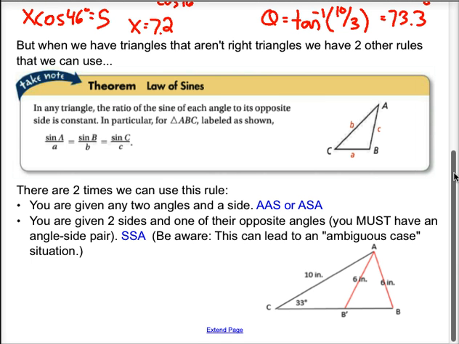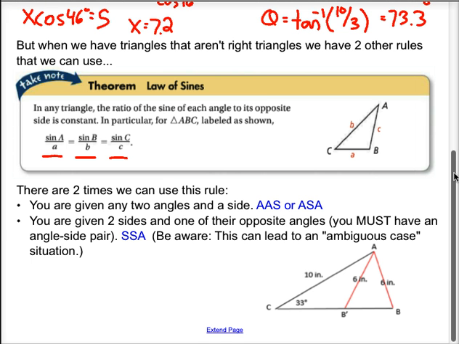In particular, for triangle ABC, the sine of A divided by side length A is the same as the sine of B divided by side length B, which is the same as the sine of angle C divided by side length C. Their ratio is constant. So basically you're going to set up a ratio. Now you're only ever going to use two of these at a time. You're never going to set up a ratio of all three. You're just going to have a ratio of two of those set equal to each other.